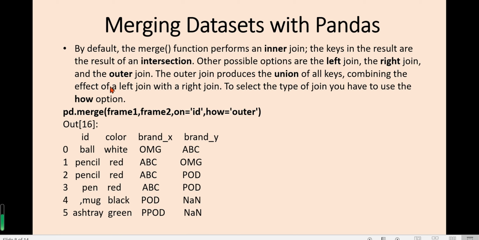So if we write how equals outer, then the union of the ID values appearing in the two data frames will appear in the resulting data frame. You can see other columns may have NaN, not a number, values, because now there are 6 rows in the resulting data frame.